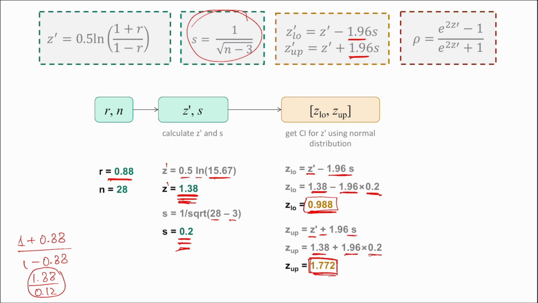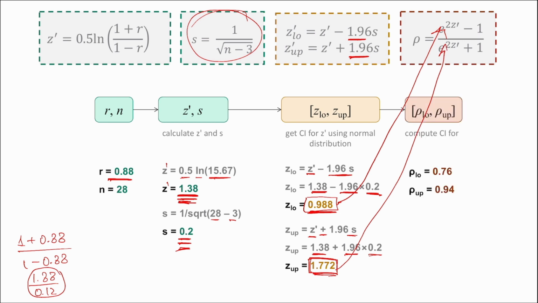Now we can put this into this and compute rho for the lower boundary. Then we can put this into this and compute rho for the upper boundary. Let's do that, right? So first we take rho equal to e to the power of 2 times this one, minus 1, divided by e to the power of 2 times this one, plus 1.